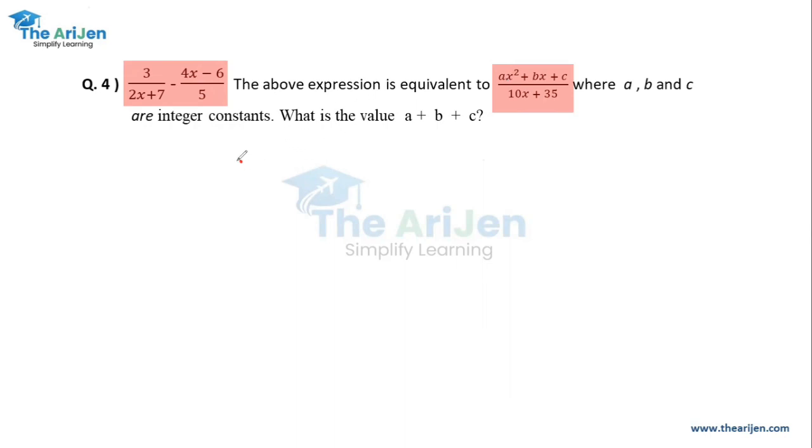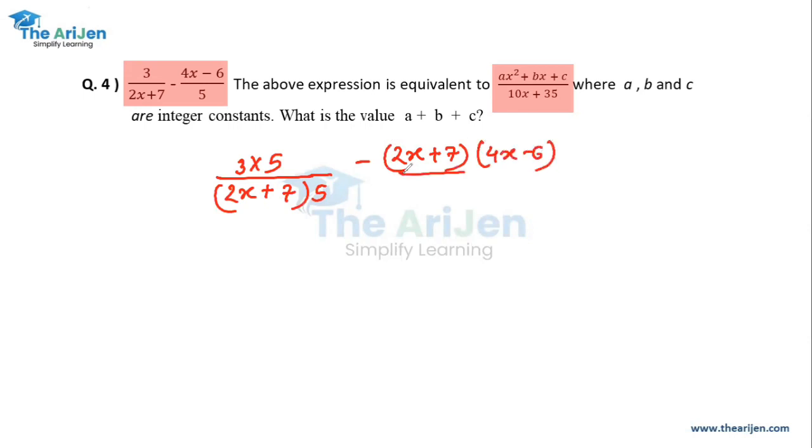the equation equal, right? So when I do cross multiplication, it is 3 multiplied by 5. Then this is 2x plus 7 into 5. And then I have this 2x plus 7 multiplied by 4x minus 6 by 5 into 2x plus 7. Anyways, what I'm going to get? I'm going to get 15 minus, then this 2x and 4x will be 8x square.